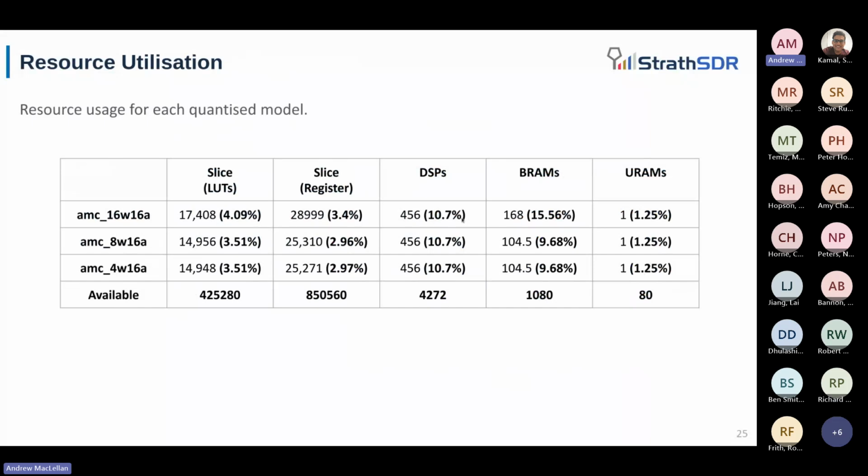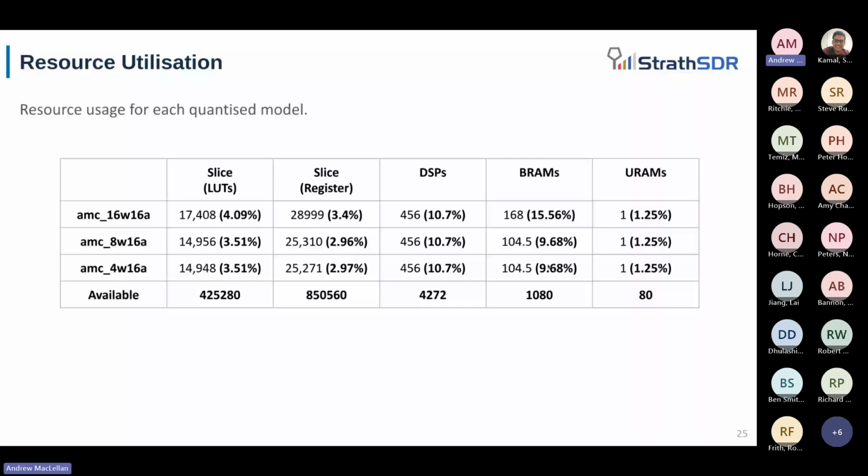Registers are pretty similar. DSPs are exactly the same. But in terms of the storage of the weights on chip, we see that the block RAMs reduces by maybe 6% from 16-bit weights to 8-bit weights. And between the 8-bit weights and the 4-bit weights, we see that there isn't a drop.